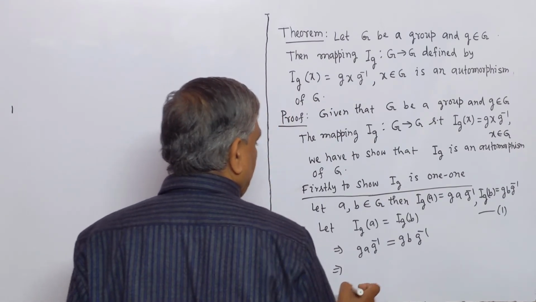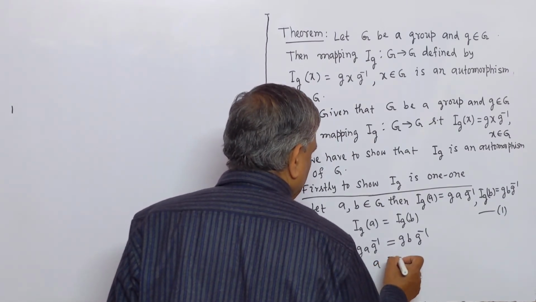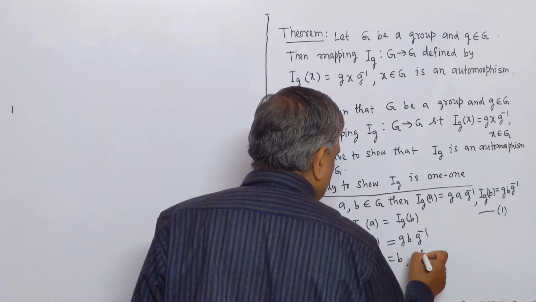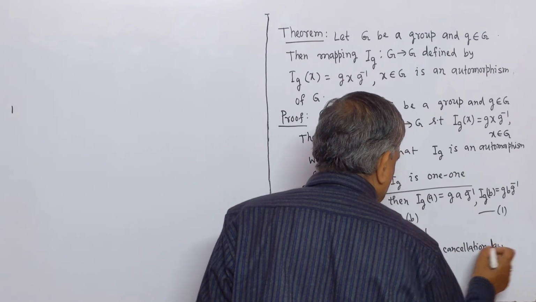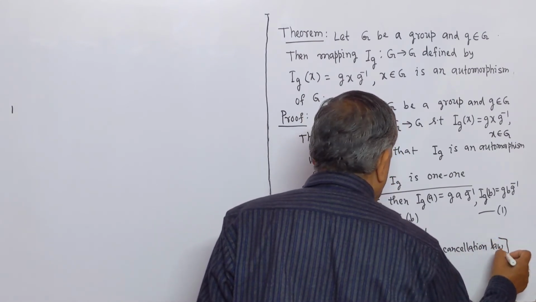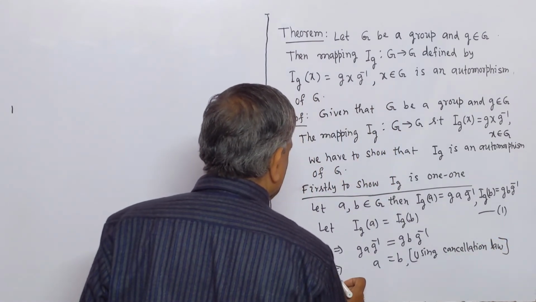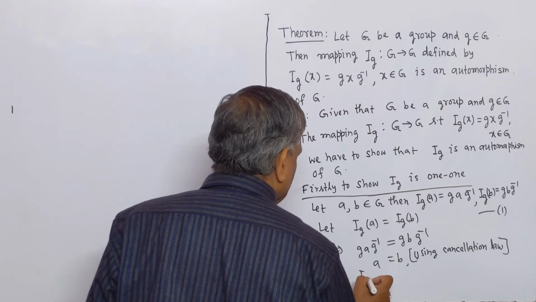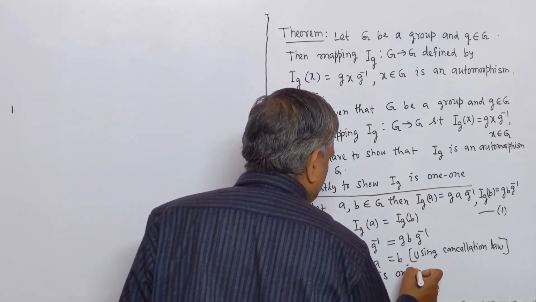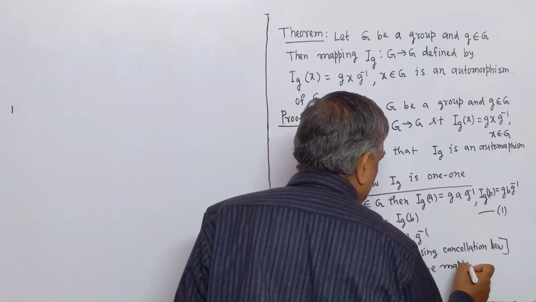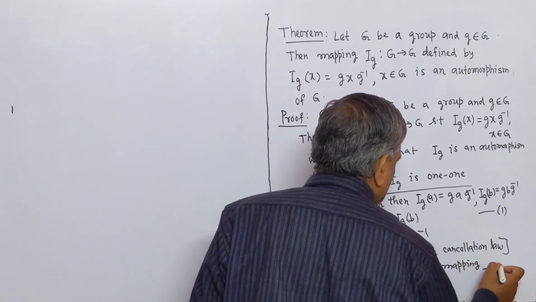Using cancellation law, A equal to B. Therefore I_g is a 1-1 mapping. This is number 2.